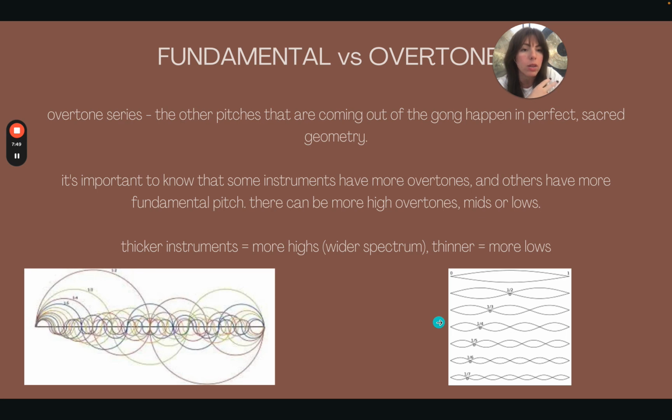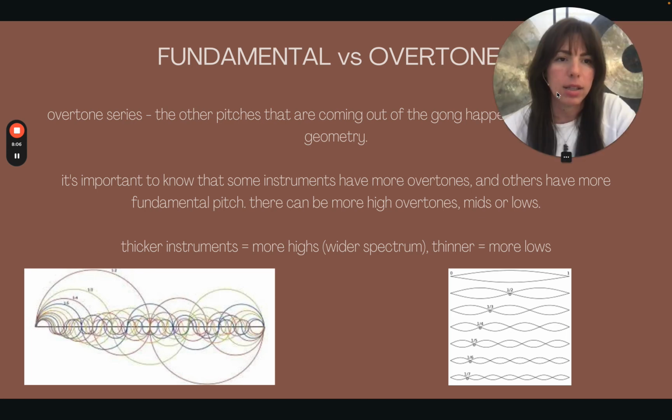And that creates higher pitches on top of it. And if we take a look at all of these happening simultaneously, then it turns into this, which is the overtone series.